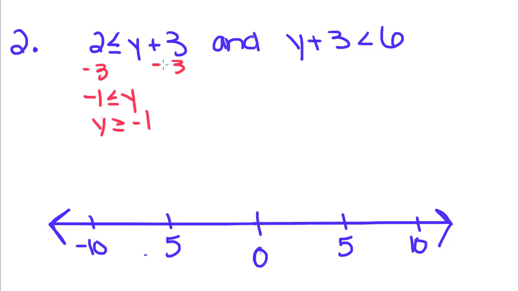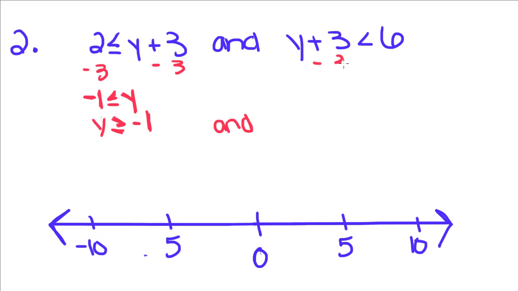Now if you look, I didn't change anything about this inequality, because this inequality says that -1 is less than or equal to y, and this inequality says that -1 is less than or equal to y too. So I'm going to write my "and" down, and I'm going to solve this inequality separately. So we subtract 3 from both sides, and we get y less than 2.